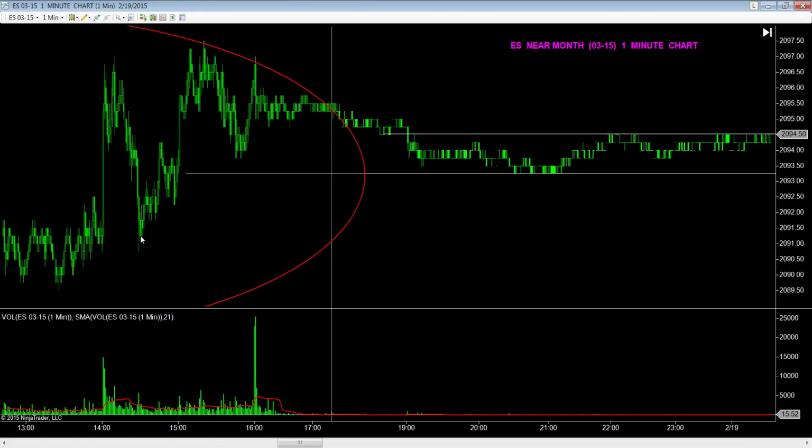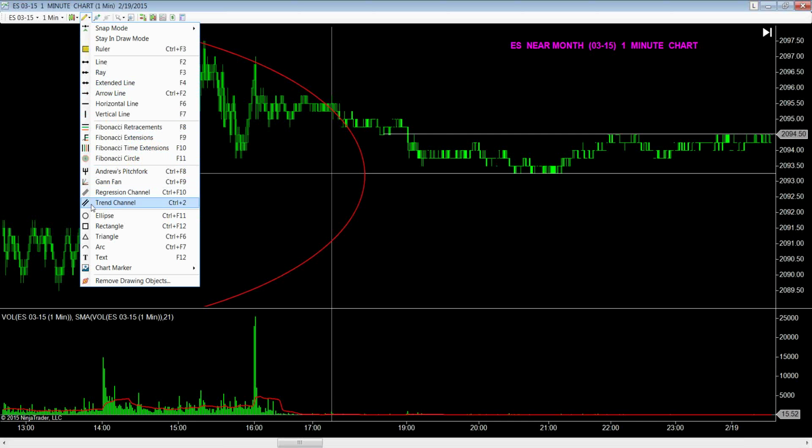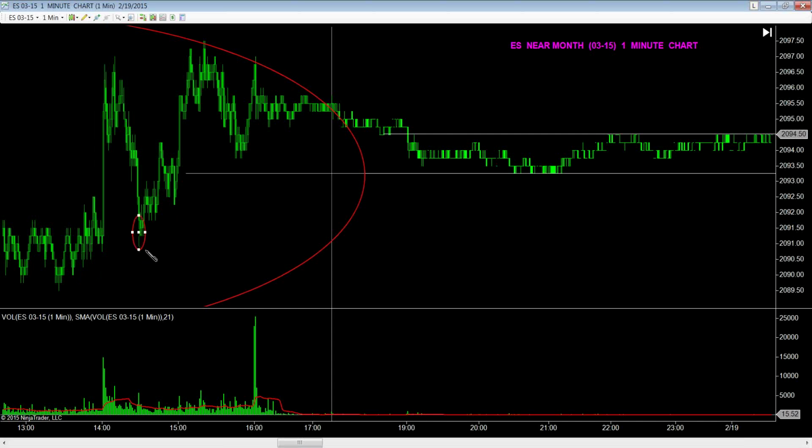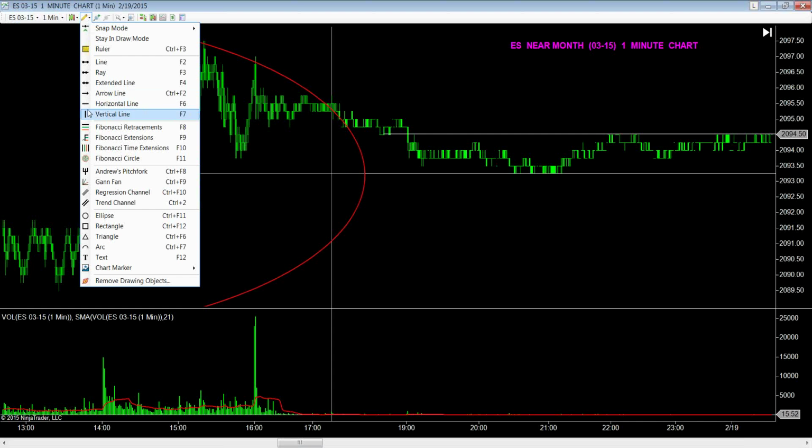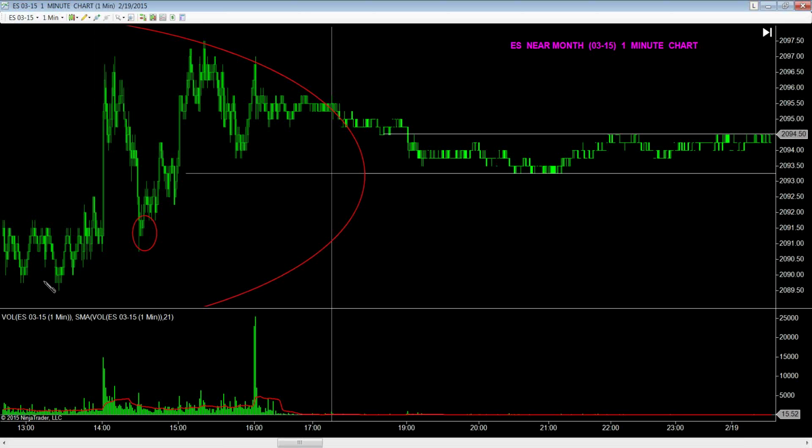Look at the clear area here for support, aka price profit target, and then again here at this point, right here. Target 1, target 2, target 3.